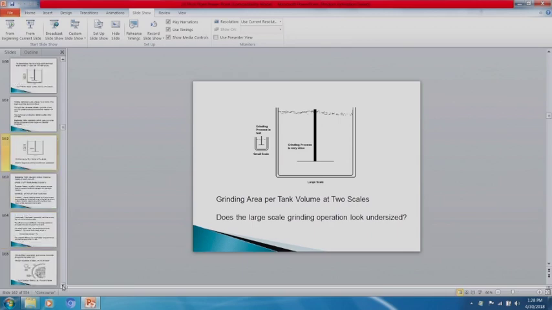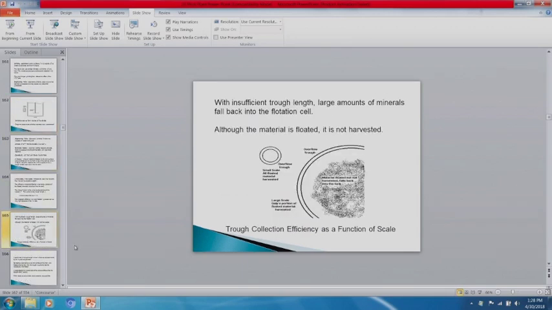Moving right along, I think we ended up talking a little bit about flotation. Small scale, everything worked fine. Large scale, you had a huge dead area in here. Again, they're geometrically similar. But we have a large dead area in here that was not being harvested. So we come along and put in troughs along the top grid here.